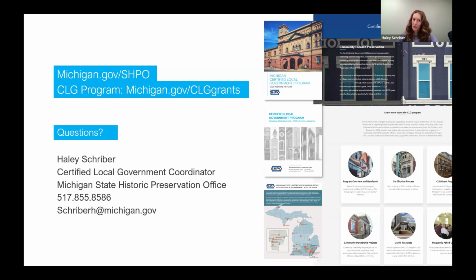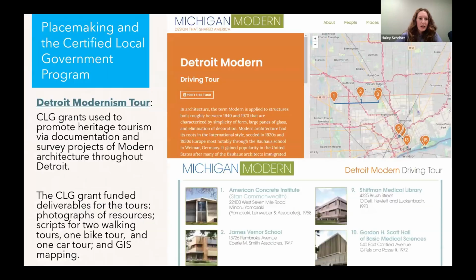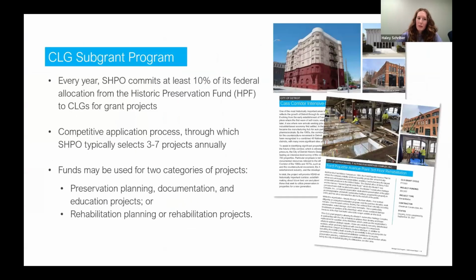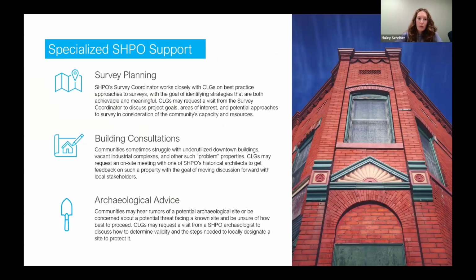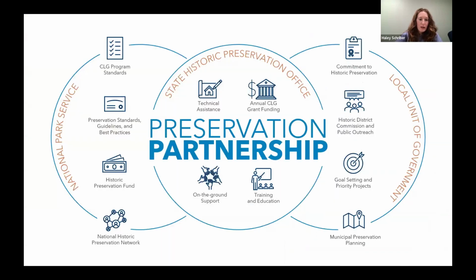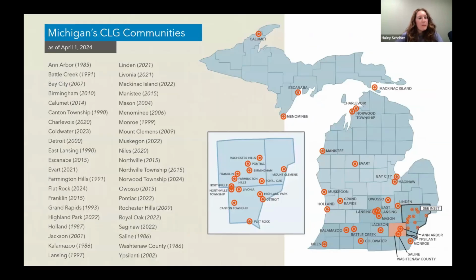I don't have that institutional knowledge, but we can take a look at the map to see when we had that uptick, because I know we have some communities that enrolled in 1984, 1985. But based on the dates here, I would say maybe the 90s, early 2000s. That would be my best guess, but that's a great question.